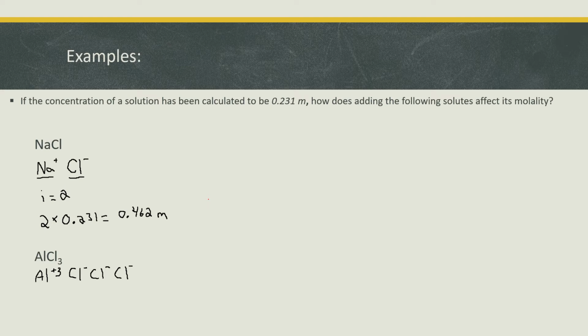I just simply count them up: I have 1 aluminum, and 1, 2, 3 chlorines, so grand total, your I is going to equal 4.